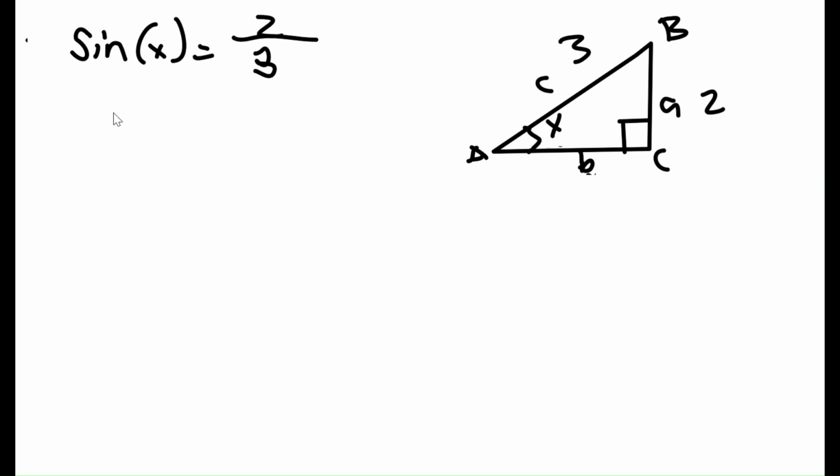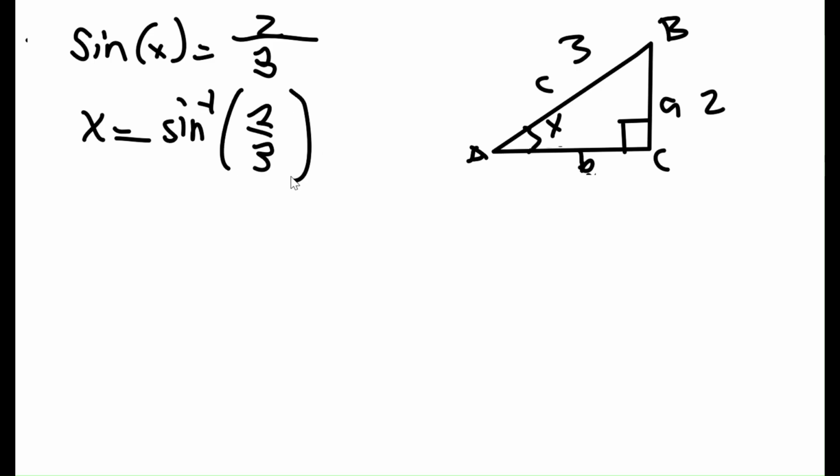All you have to do is shift sine in your calculator. So this will be x, and this will become sine inverse of 2 over 3. So let's do that. Shift sine 2/3. Therefore, your angle A is equal to 41.81 degrees. And that's it.